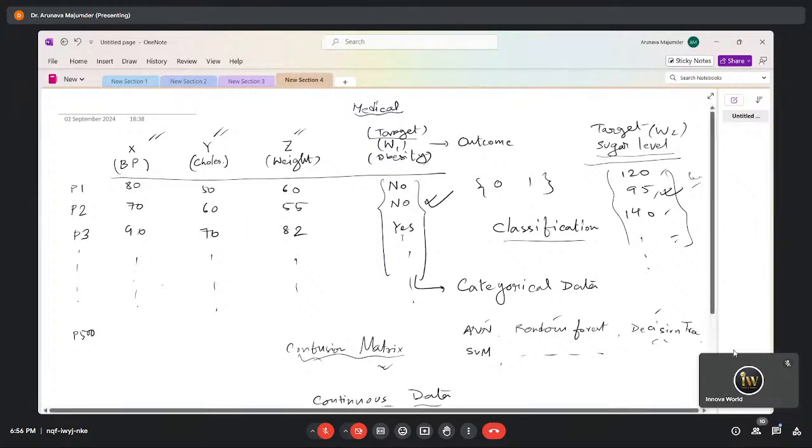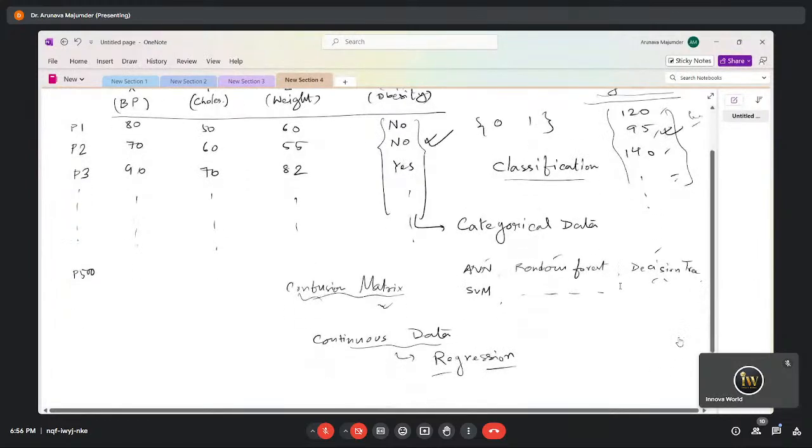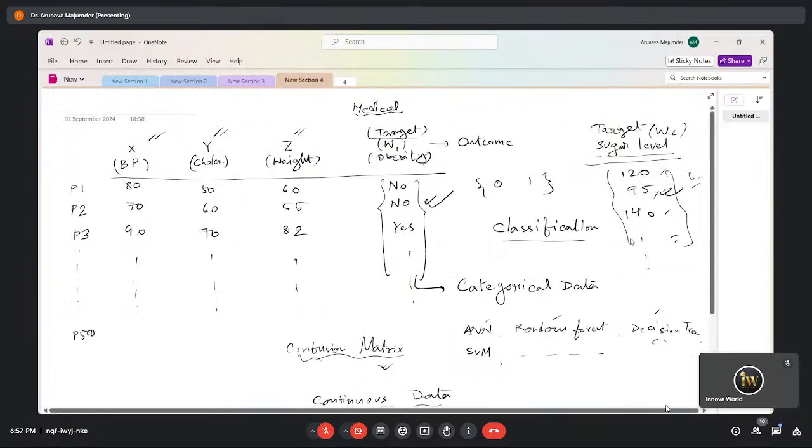For categorical data you have to use classification algorithms. And if the target data, the outcome variable, is continuous like the sugar level 120, 95, then you need to use regression.